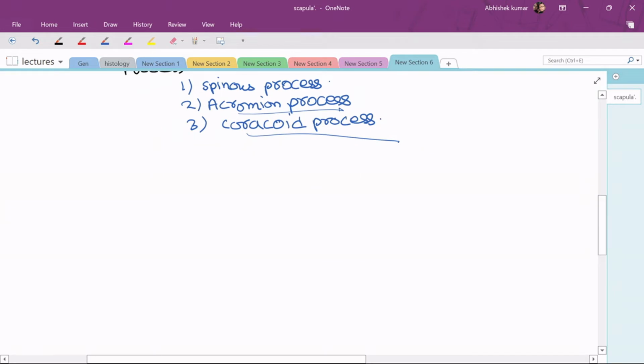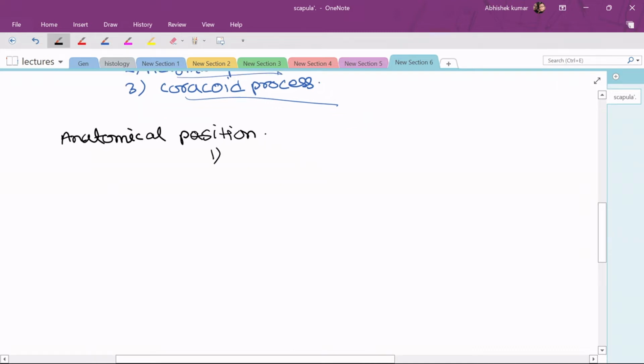Now, if we talk about the anatomical position, how will you grasp the scapula and hold it in your hand? So first, when you hold the scapula in your hand, you have to see that the glenoid cavity should be in lateral position. Okay.